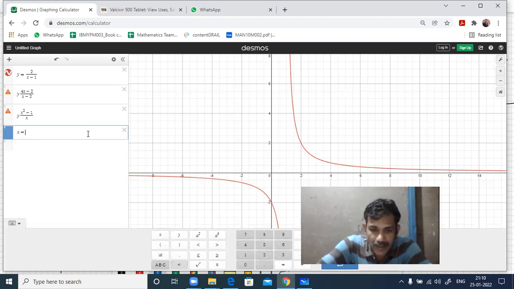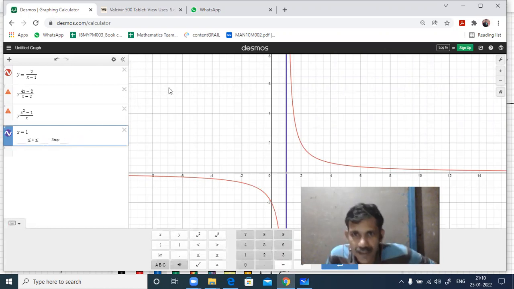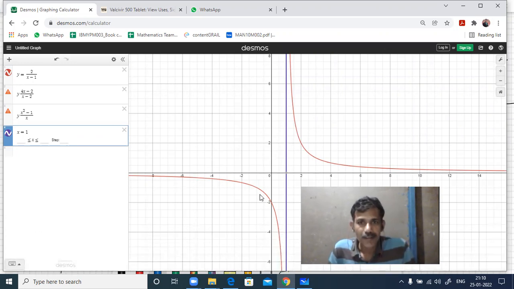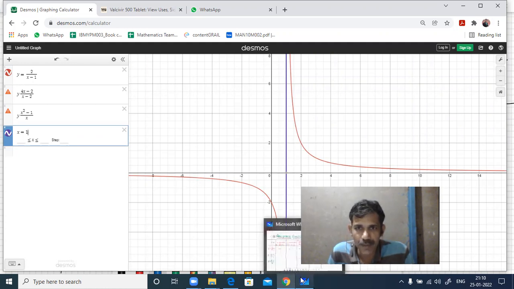And you can see this vertical asymptote x equal to 1. This is a vertical asymptote. Here it will look like the curve intersects, but it won't touch. You can check at the far end also. And as we said, the critical point is x equal to 1.